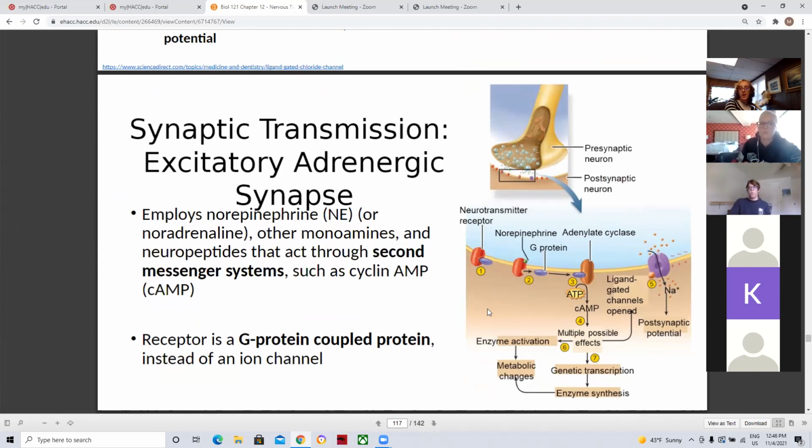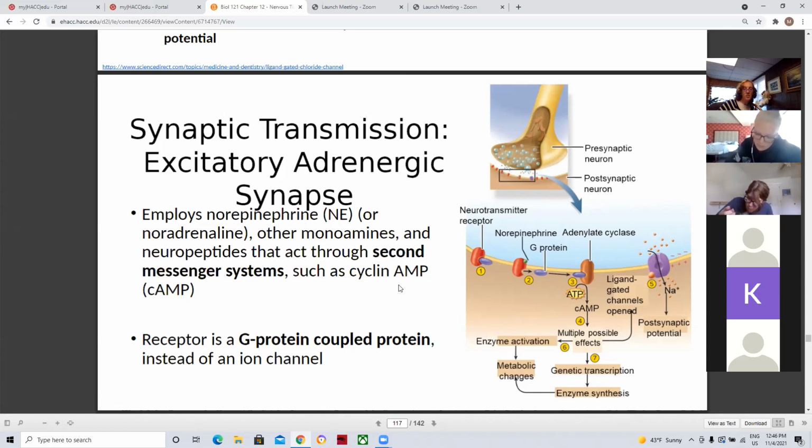Another example, excitatory adrenergic. Think of adrenaline. This is the receptor that binds the neurotransmitter adrenaline, or norepinephrine. So these receptors are going to employ norepinephrine or noradrenaline and other monoamines and neuropeptides. And rather than opening voltage sensitive ion channels, they are going to act through second messenger systems such as cyclic AMP.